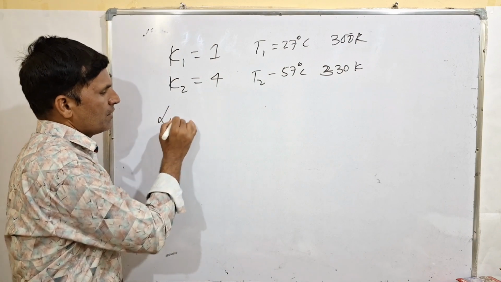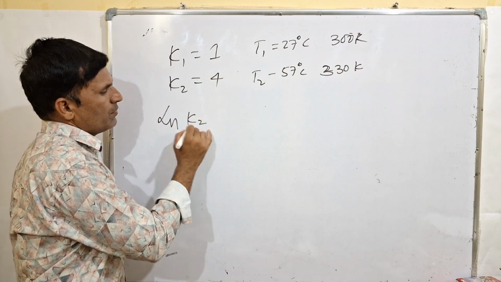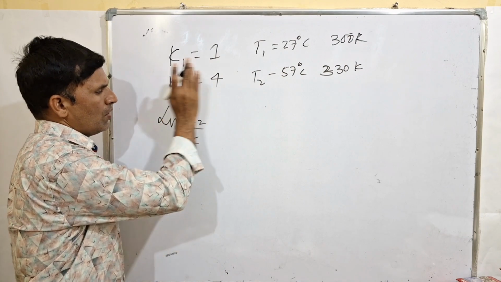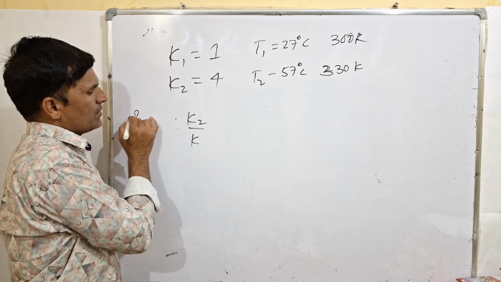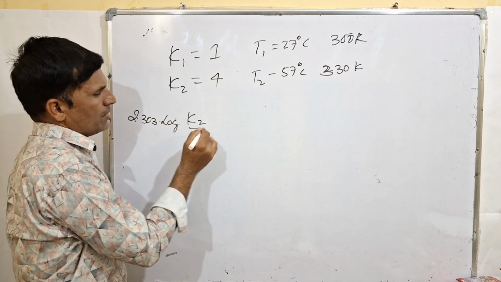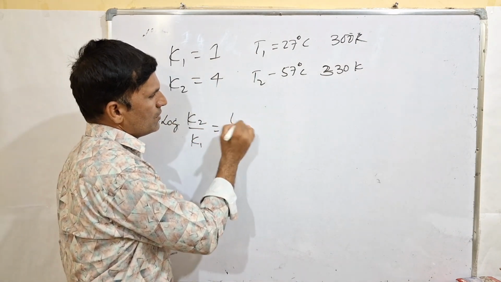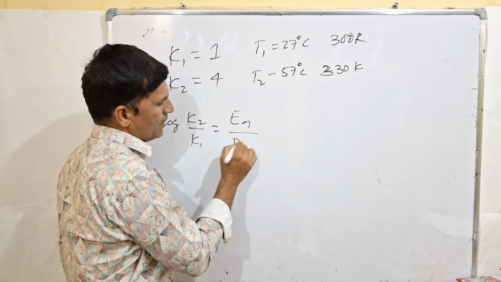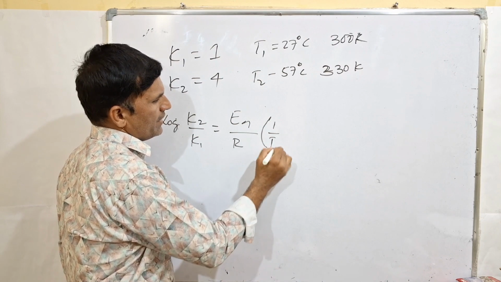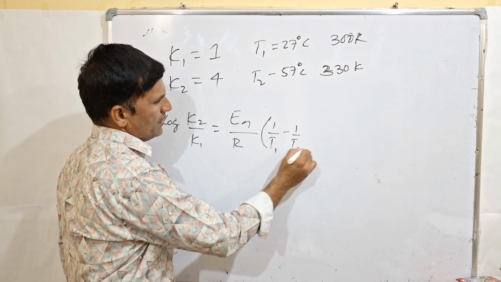Let us do this one. ln K2 by K1, instead of ln you can write log also. We will take 2.303 log K2 by K1 is equal to Ea by R into 1 by T1 minus 1 by T2.